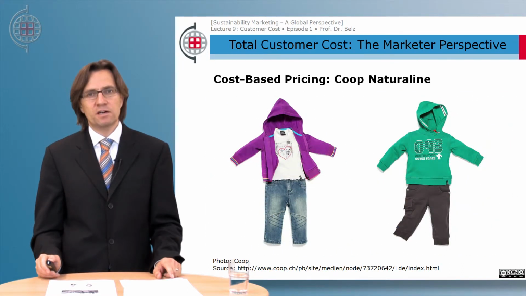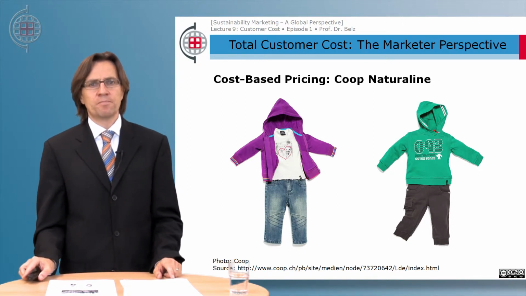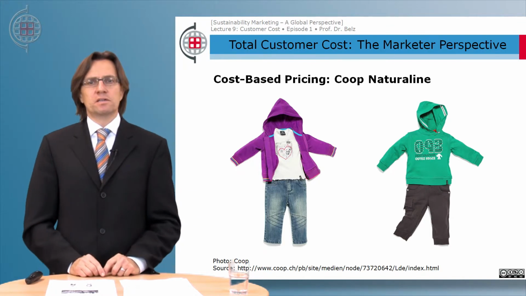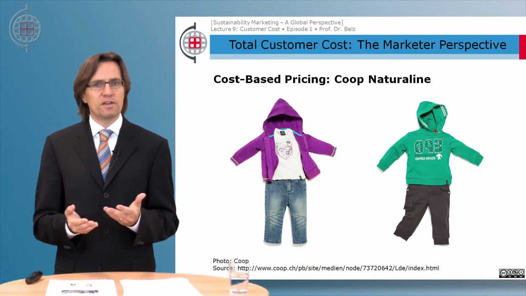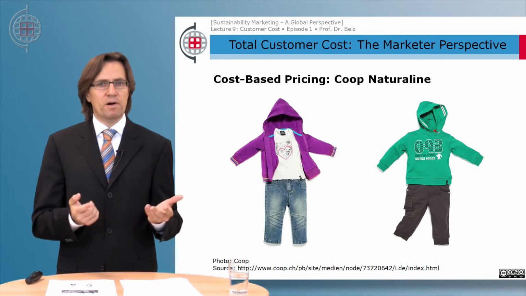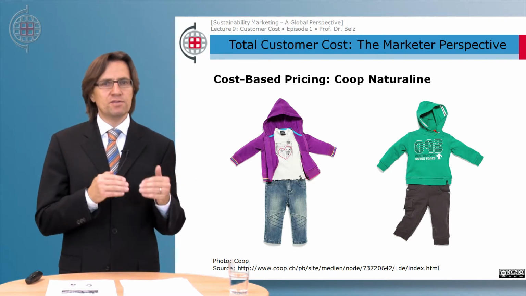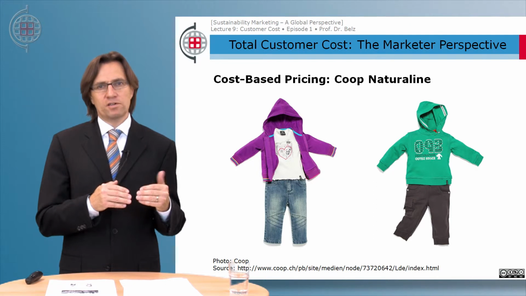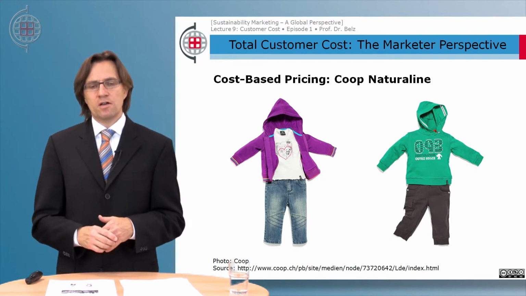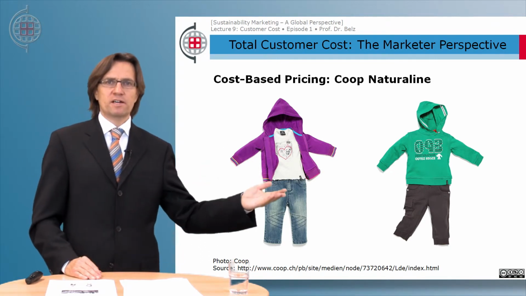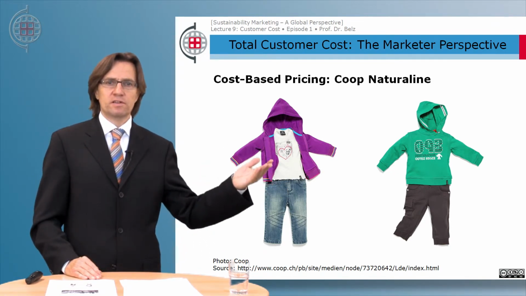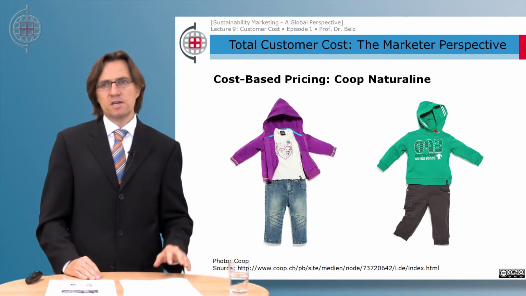Coop, the Swiss retailer, follows a different kind of pricing. They offer basic cotton shirts for children, a product category which is quite price sensitive. So that's why they tried to reduce the price of cotton shirts and t-shirts by excluding intermediaries and working directly with suppliers, sustainable suppliers from India.